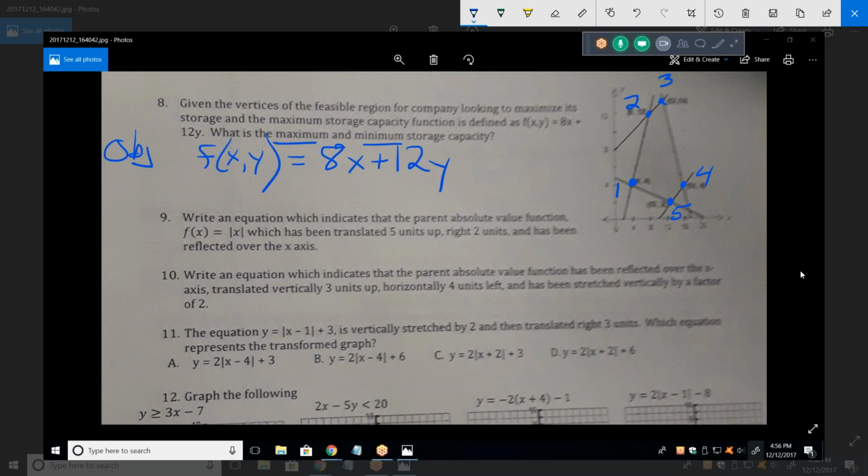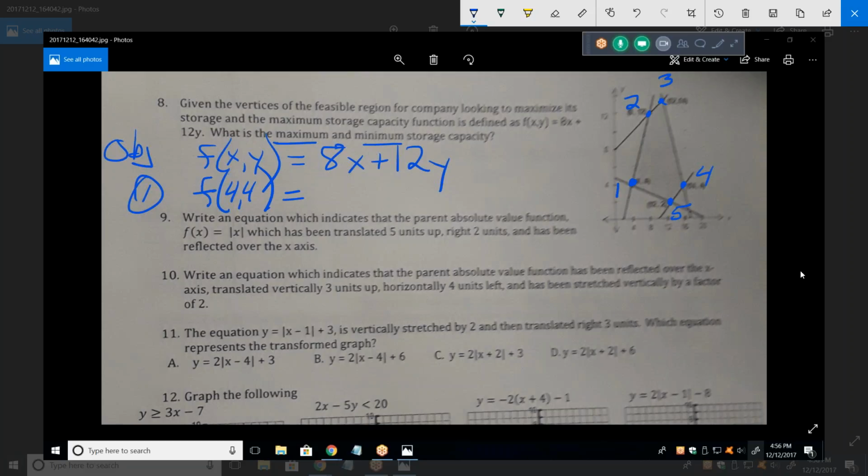So here's what we're going to do. F of 4, 4, that's point 1, right? Right. What's that equal to? Should I multiply it out or just put 4 in for both x? 4 for x and 4 for y, multiply it out, come up with a number.